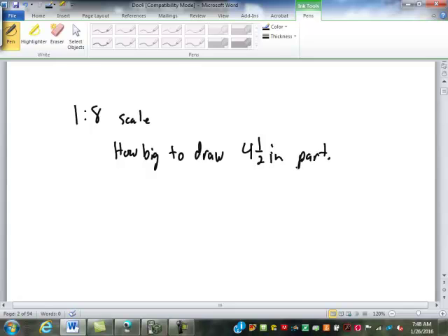Again, try that in your notes. Just a 1 to 8. Not a 1/8 to 1 foot, just a 1 to 8.